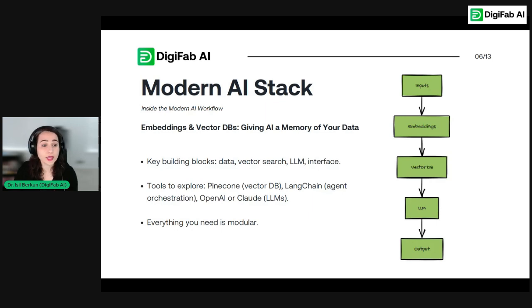That's where we have the vector databases, right? Then it sends the right context to the LLM. For example, the most commonly used LLM that we know day to day is GPT-4, and it returns a response, right? And then we have modular tools like LangChain, Pinecone, and the OpenAI API that make this very scalable, even for small teams.